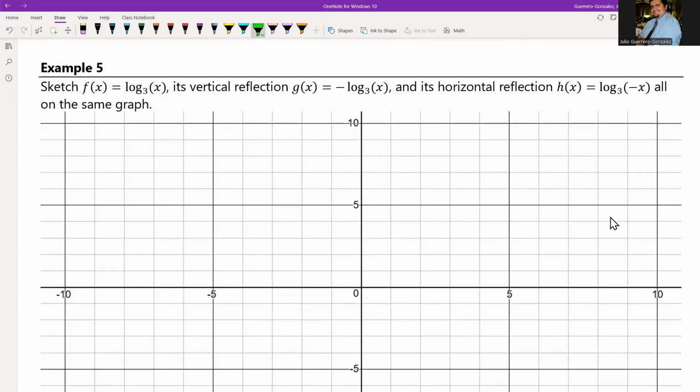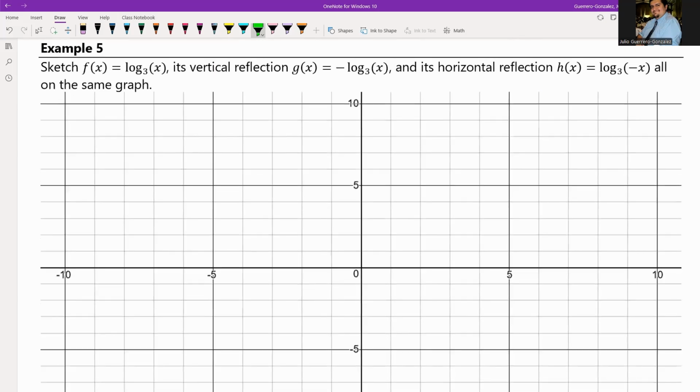One last example here. I am going to graph log base 3, and then I'm going to graph the 2 reflections. So our base function, we know that is going to be 1 right here, 2, 3, 1.